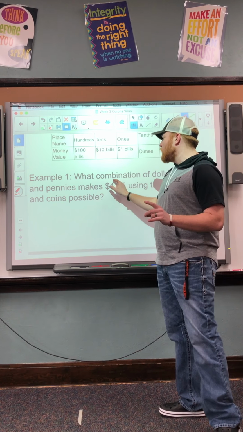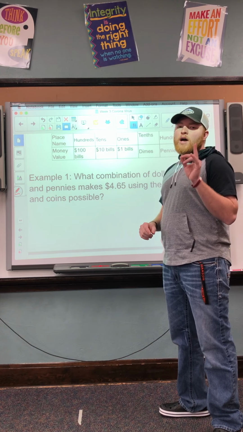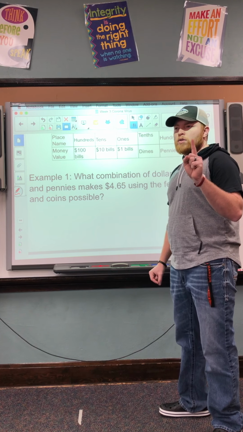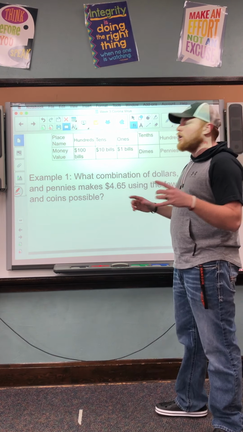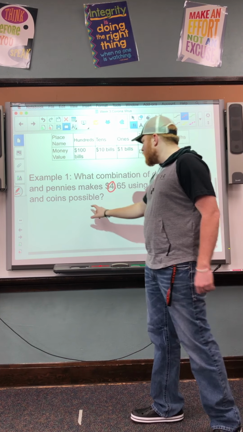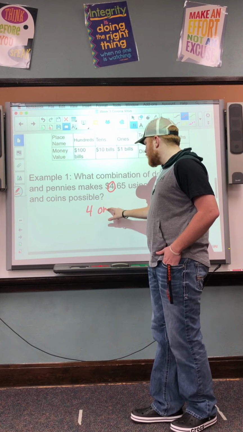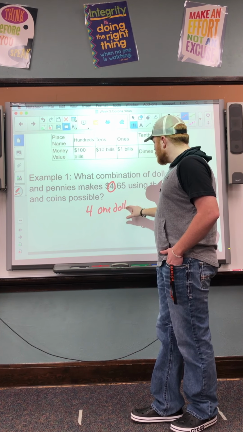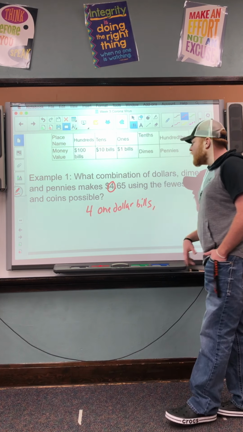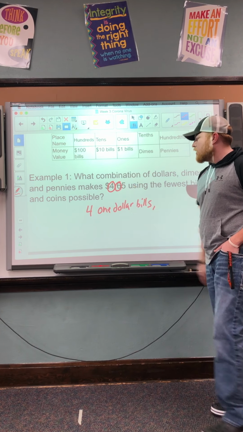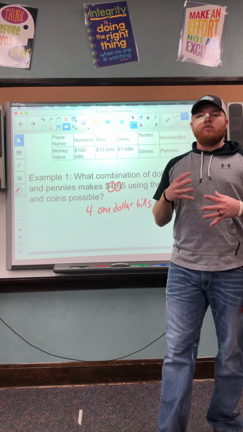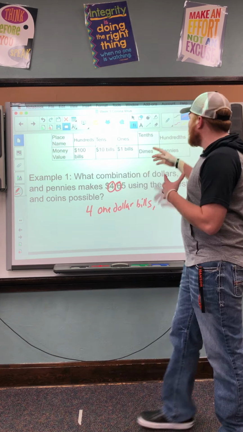So first, let's start with the ones place. Now with that, you're using dollar bills. So how many dollar bills do we need to create $4? We need 4 $1 bills. Okay, and then let's move on to the tenths place. We have 6. Now what coin represents the tenths place? Look back up at the table.